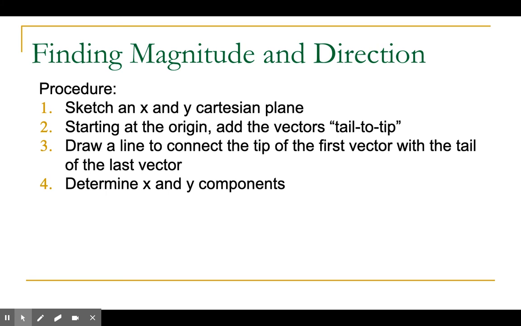After the resultant vector or the hypotenuse is labeled, you then determine and label the x and the y components of the resultant vector, which again we use a capital R to represent. So the x component should be written as R sub x, the y component should be written as capital R subscript y.